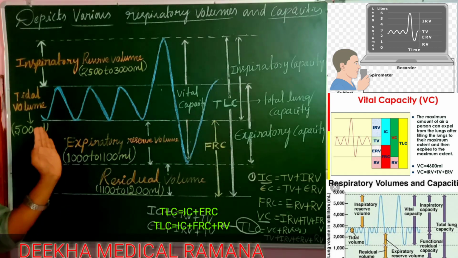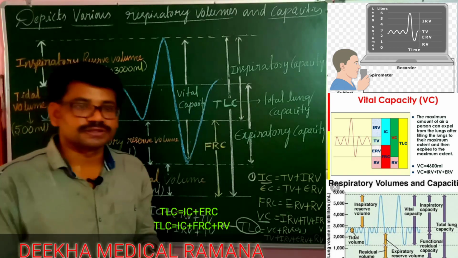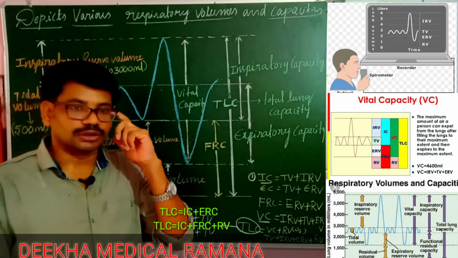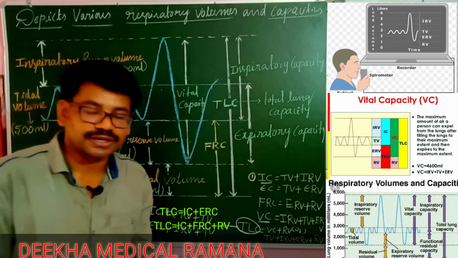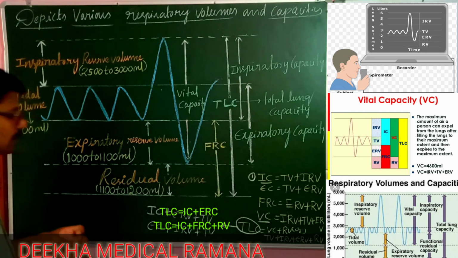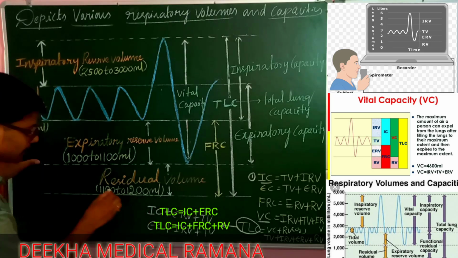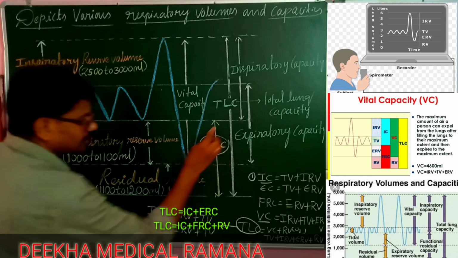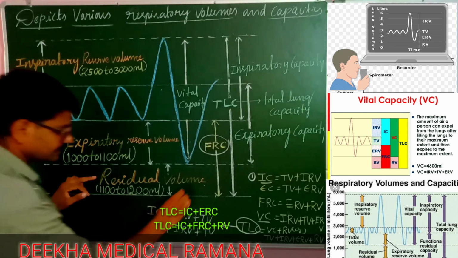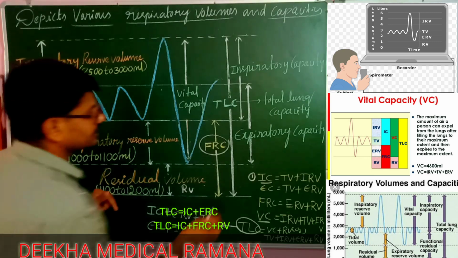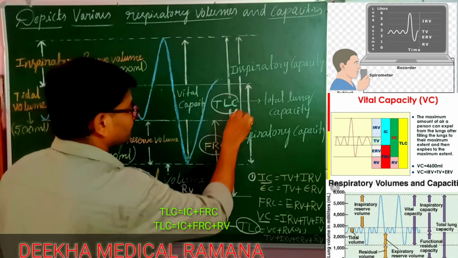Among the respiratory volumes and capacities, there are important ones we cannot find by the spirometer. The spirometer cannot measure the residual volume, the functional residual capacity, and the total lung capacity.